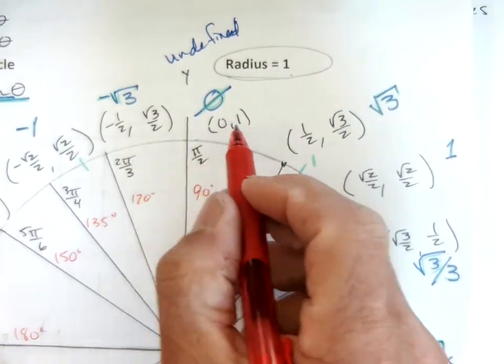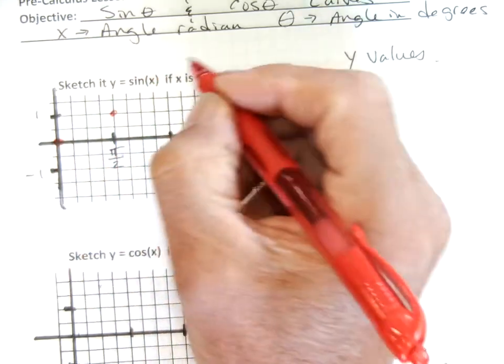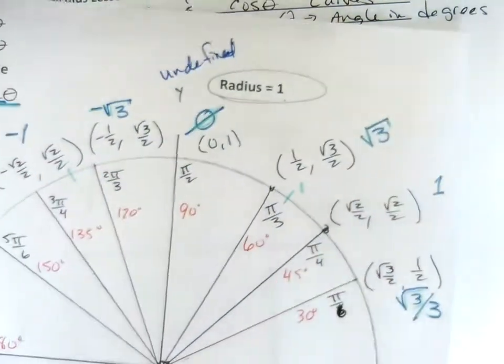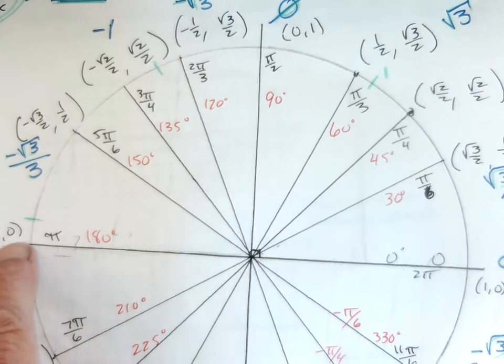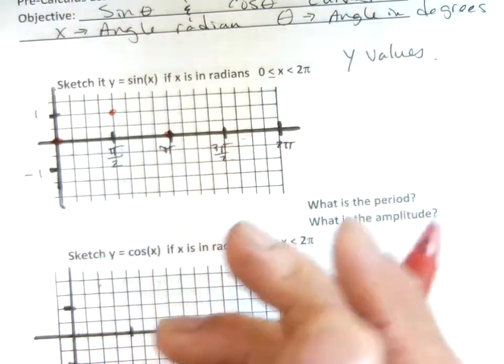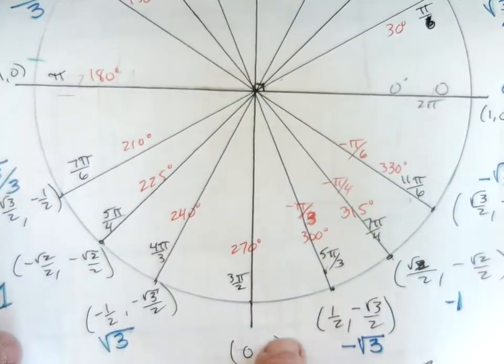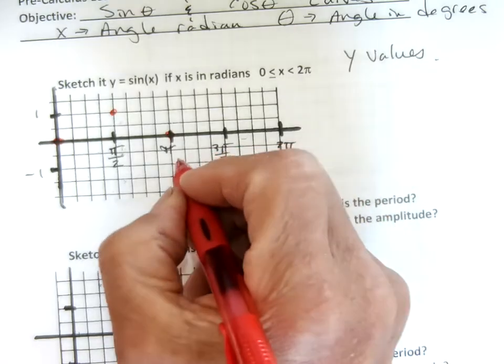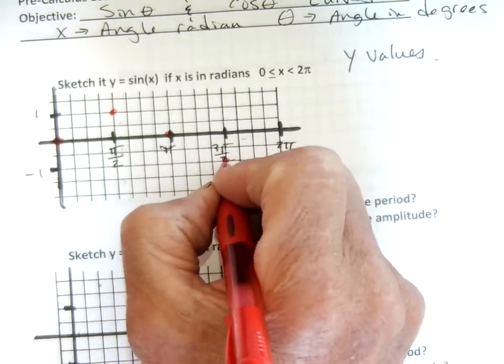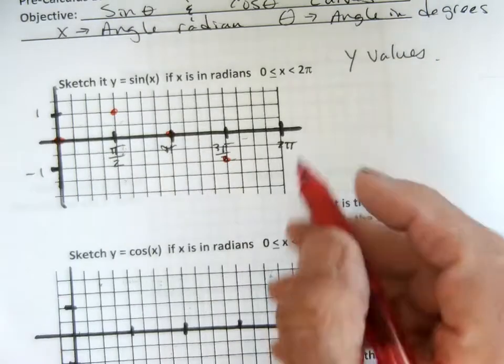At pi halves, the y value is 1. At pi, the y value is 0 again. At 3 pi halves, the y value is negative 1. And then 2 pi comes all the way back around, and the y value is 0.